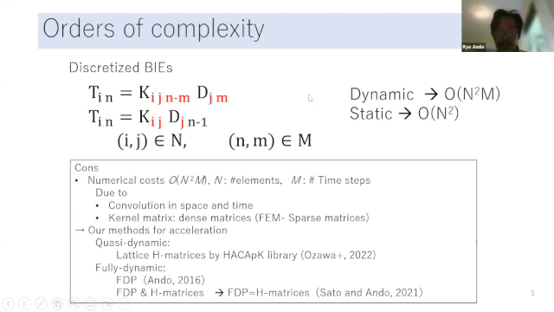So the dynamic version of the boundary element method originally needs computation of the order of n squared m, like this. But for the static version of the boundary element method, the summation just runs over the space J, like here. But the kernel here has n squared dependence. So the complexity becomes n squared.